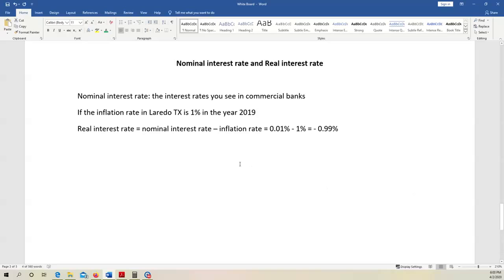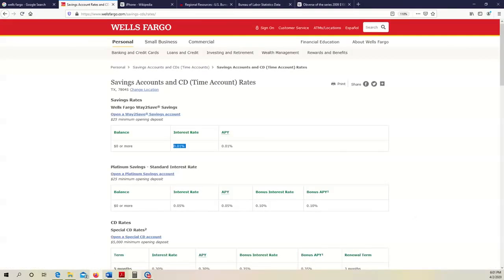So this is the relationship between real interest rate, nominal interest rate, and the inflation rate. The interest rate you see from most commercial banks, like this number, this is another interest rate for a different, I think it's a better savings account. This one is 0.05%, right? All these interest rates are nominal interest rates. How to get a real interest rate?